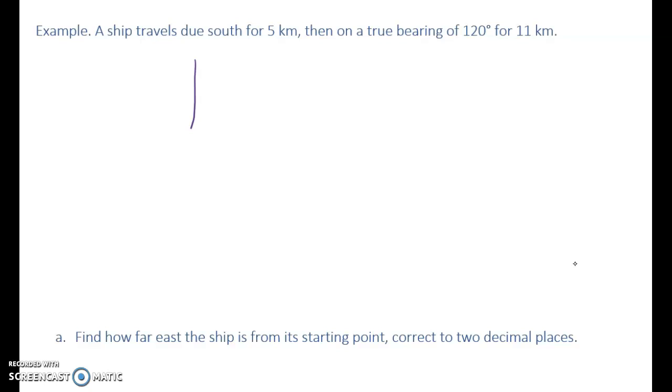And then we're going to go on a bearing of 120 degrees, which we think is about that, using a little compass above, for 11 kilometers. So we just write our lengths on that. Sometimes when you're doing this, it helps if you put where north is, just to help you keep your bearings.